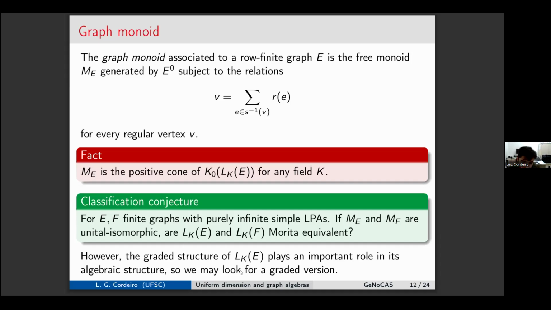And we know from the general literature that the graded structure of the Leavitt Path algebra actually plays an important role in its algebraic structure. So that motivates us to look for graded versions of all these notions.